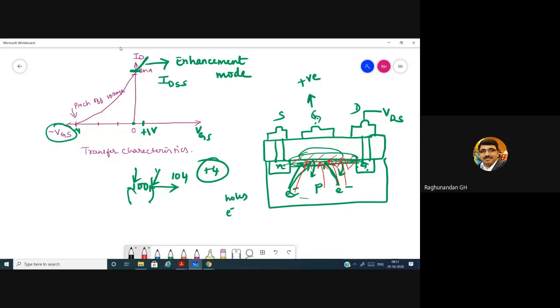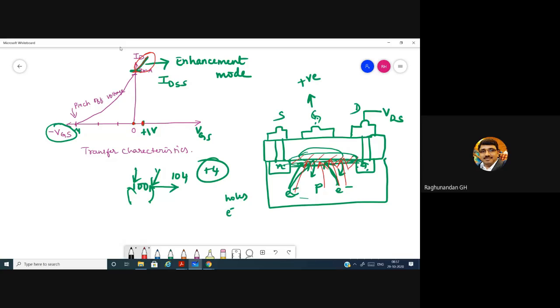Already some electrons are flowing, and some more additional electrons are getting added up. At zero gate to source voltage, this was the maximum. But when you make it plus 1 volt, because of these additional electrons, the current further increases. That mode is known as the enhancement mode.